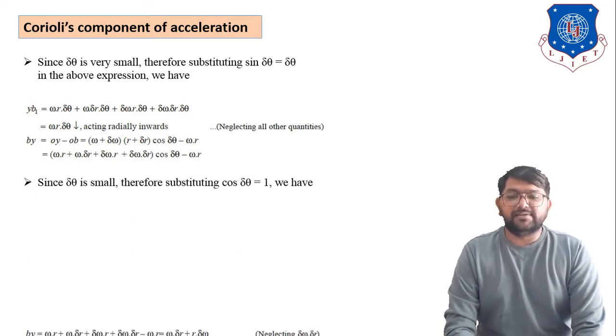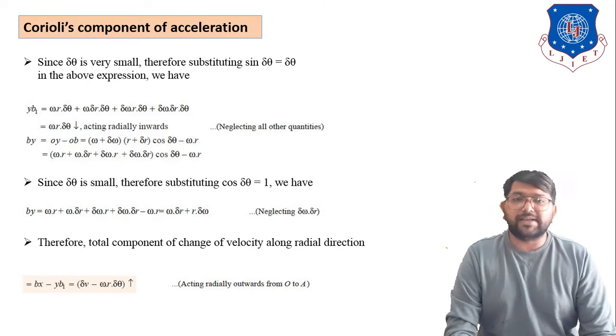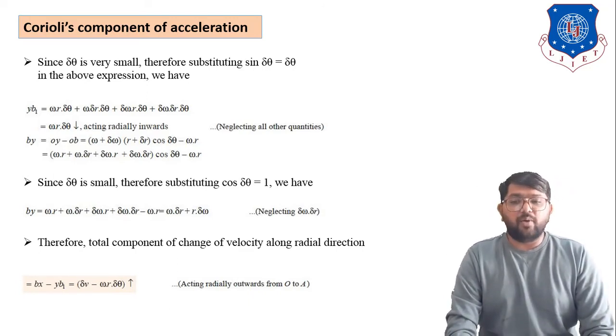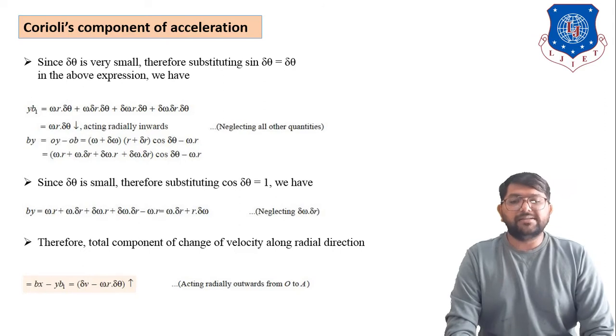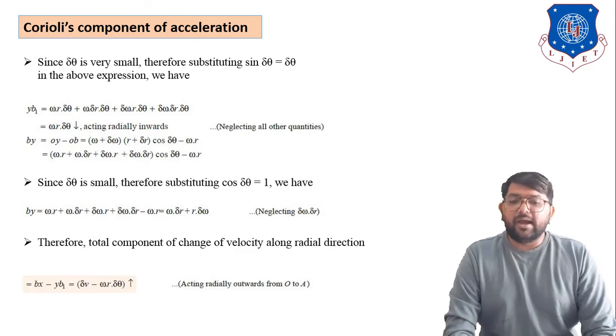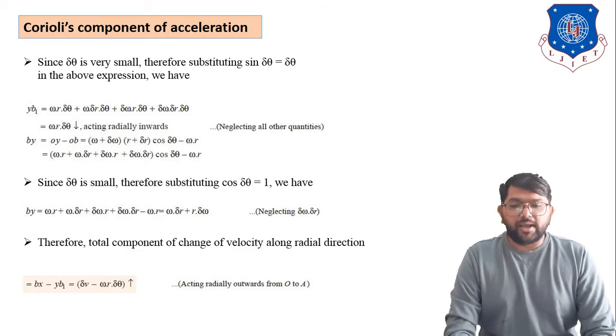Since delta theta is very small, we substitute sin delta theta equal to delta theta. In the above expression, we have yb1 is equal to omega r into delta theta plus omega into delta r into delta theta plus delta omega r into delta theta plus delta omega delta r into delta theta. Now neglecting all other quantities, we get the answer omega into r delta theta in downward direction, radially inward direction.